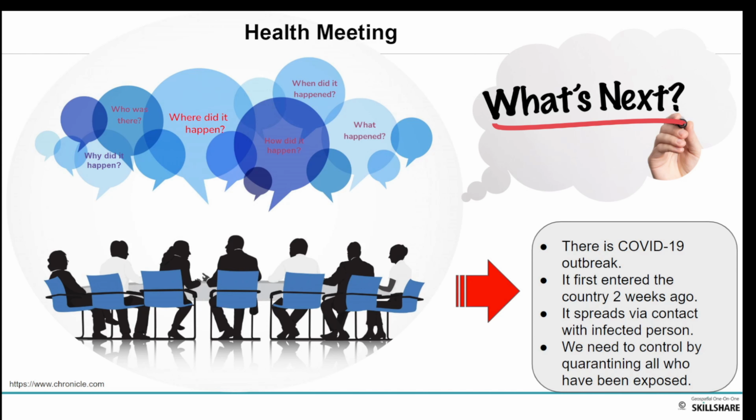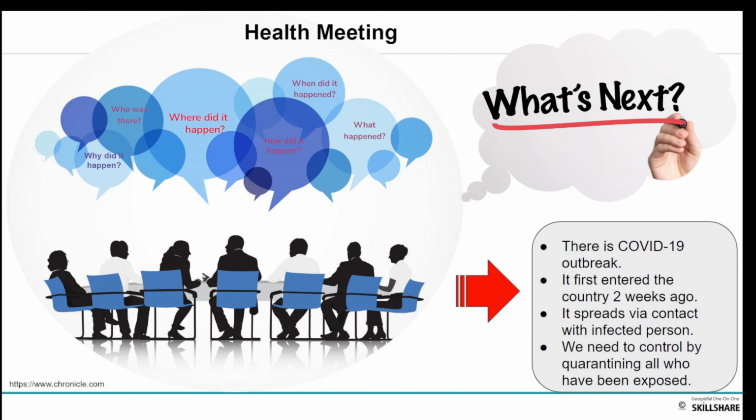They've all come to realize that it entered the country about 2 weeks ago, and they have come to understand that it can only be spread from one person to another through contact. And what they have decided to do is to control the spread by quarantining people who have been exposed.